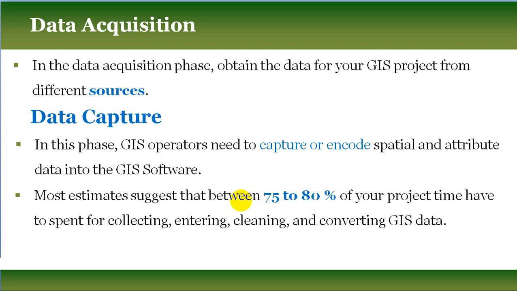Now most estimates suggest that between 75 to 80% of your project time has to be spent collecting GIS data, entering GIS data, cleaning or doing some sort of data processing to make this data more accurate, and converting this GIS data from one format to another format.